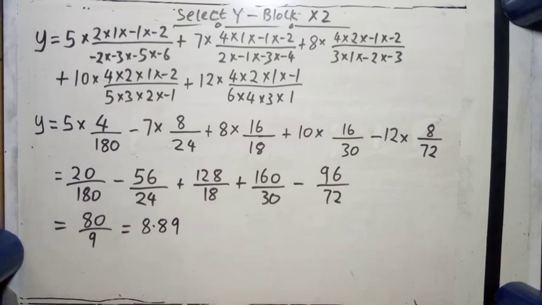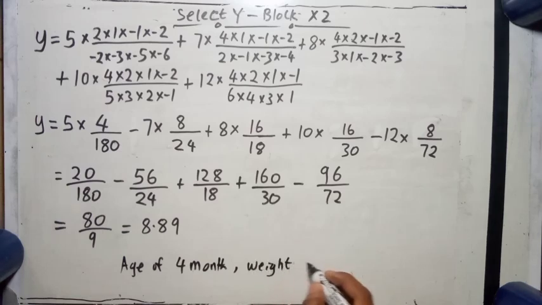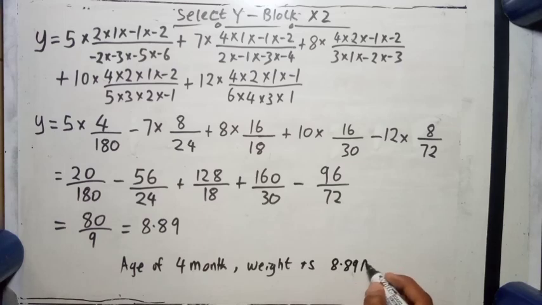So what this means is that at the age of 4 months, our baby's weight will be what? 8.89 pounds.